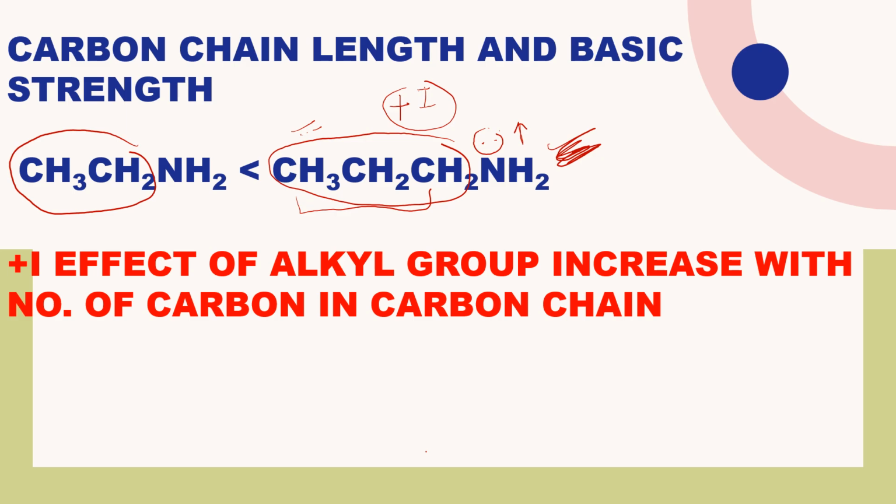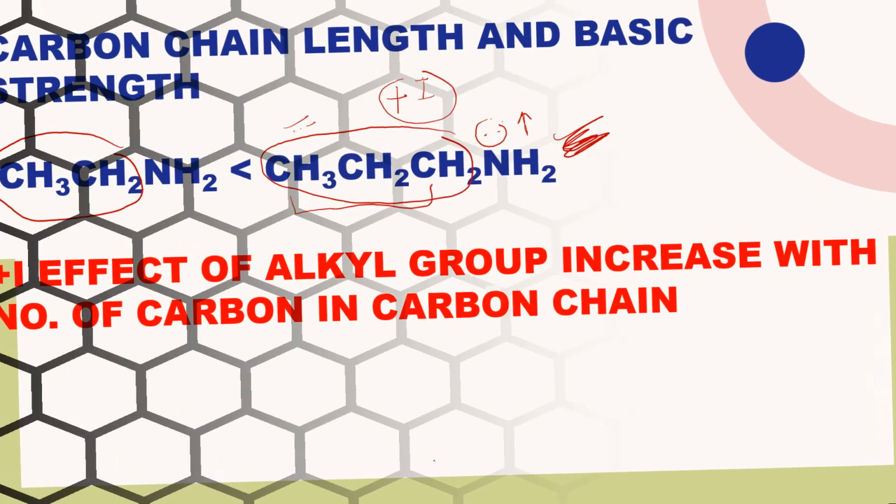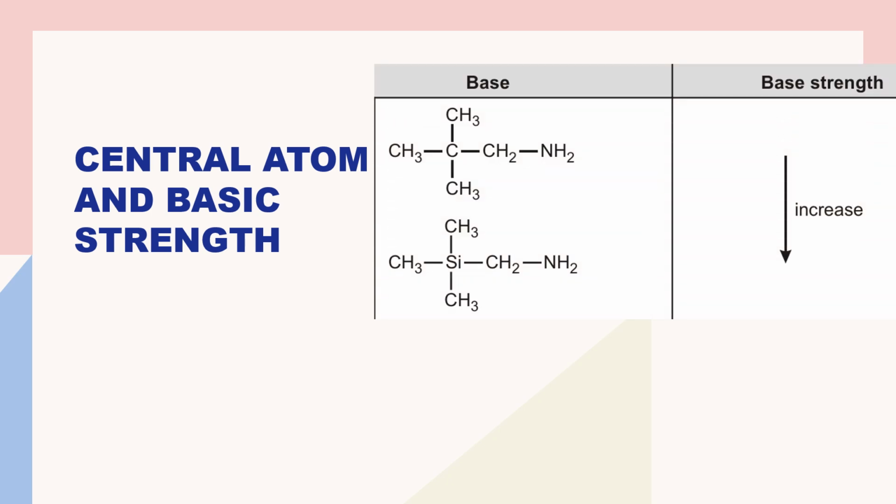Next is the central atom and basic strength. Let's see. We have two compounds. In the first compound, the central atom is carbon, and in the second compound, the central atom is silicon.